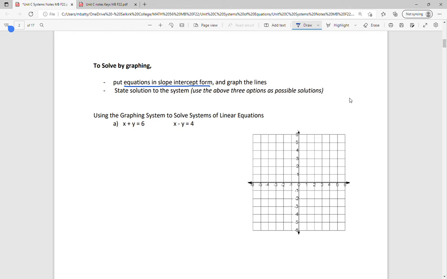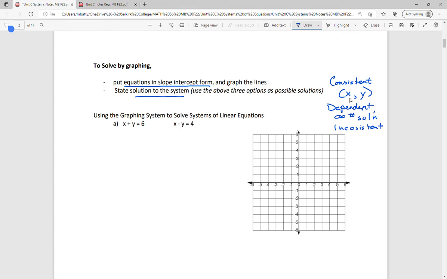And then we're going to state what the solution to the system is. Is it consistent, in which case there'd be an x and a y? Is it dependent, in which case there's an infinite number of solutions? Or is it inconsistent?